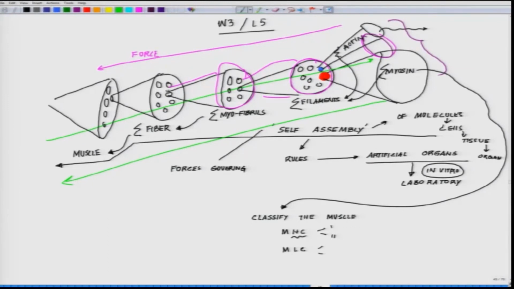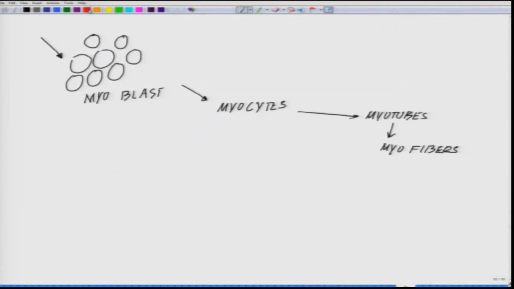In this whole process, some of these myocytes or maybe myoblasts, it is never clear. Now we are just talking about these myoblasts for skeletal muscle. At this stage it is decided which will go for the skeletal route, which will go for the cardiac route, and which will go for the smooth muscle route. At this point we are only talking about skeletal muscle.